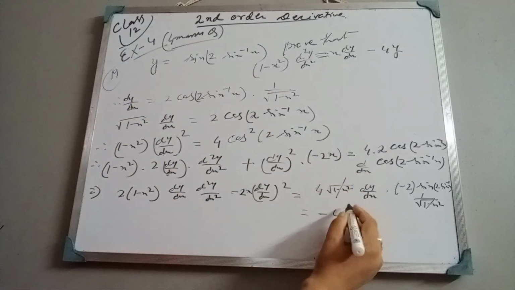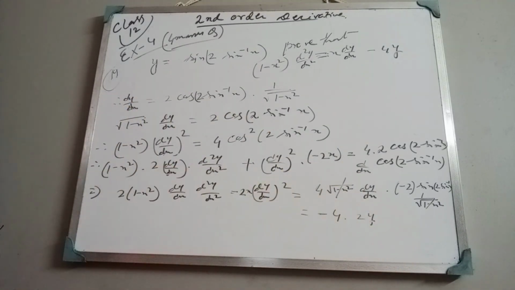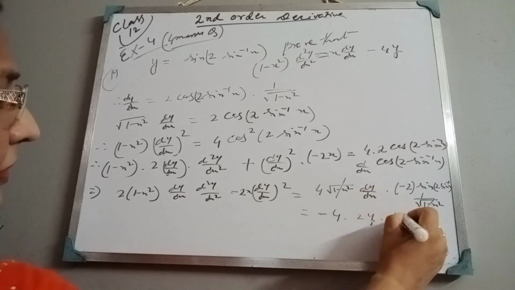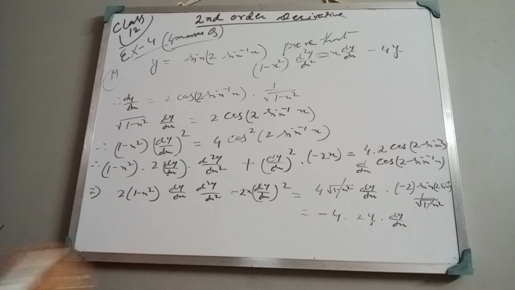So we can write 4 into 2y into dy/dx, minus 4 into 2y dy/dx.